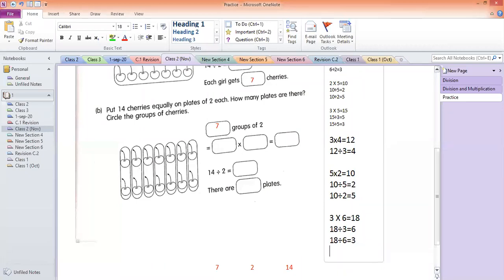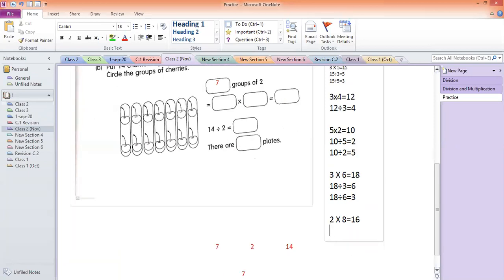Very good, very good. Let's suppose if I multiply 2 by 8, 2 multiplied by 8 is equal to 16. 16 divided by 8 equals to what?